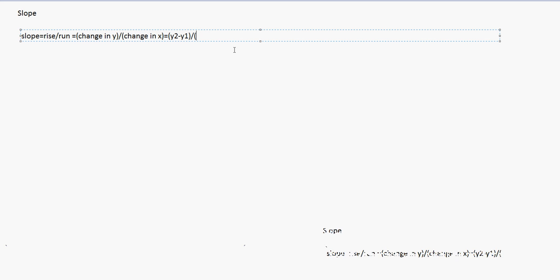Divide that difference by the difference in the x value in point number 2 minus the x value in point number 1. Which point is number 1, which point is number 2, it won't matter. What will matter is whenever you pick a point number 2, that y goes first, then the x from that same point must be first.